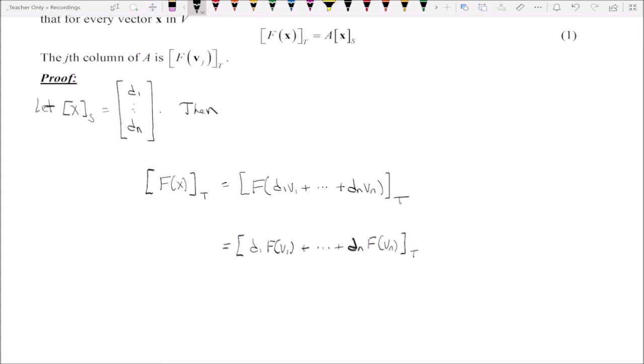Right? And then using properties of vectors and vector addition, we can write this.